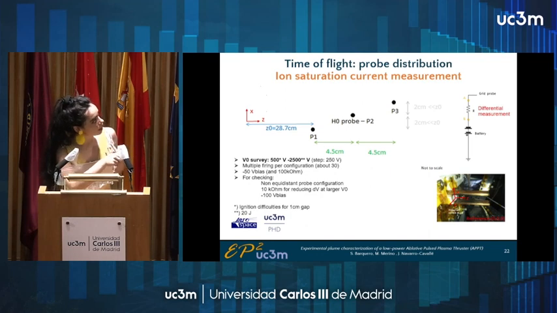We just have this kind of setup in which we have different probes almost aligned with the channel and separated at equidistant distances. What we want is to measure the time delays between them, and with them try to obtain a trend as a function of the ignition voltage, the initial voltage of the channel.